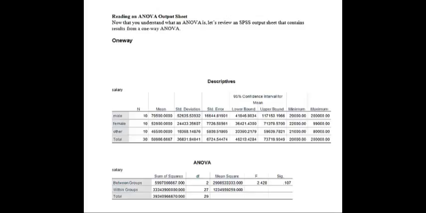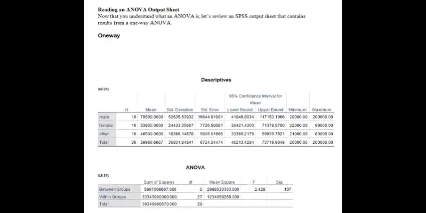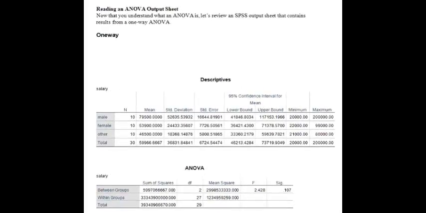As you can see here, we have 3 different categories. We have 3 different groups. We have male, female, and other. And we have the category of salary. So these minimums and maximums and the mean are represented by salary, as you can see up here.